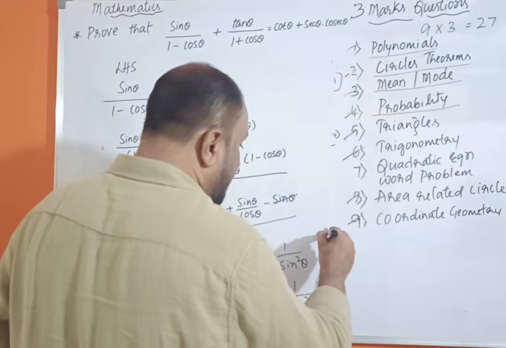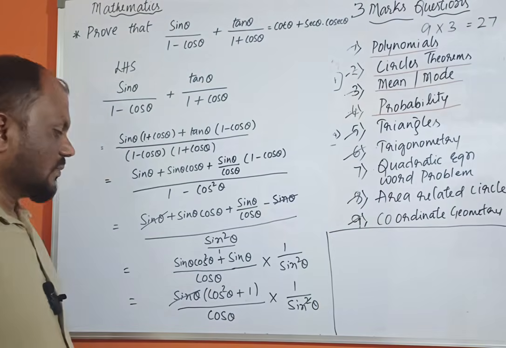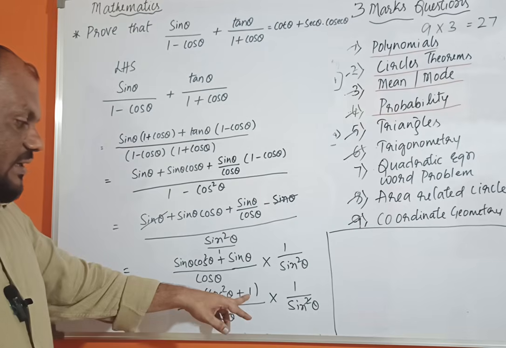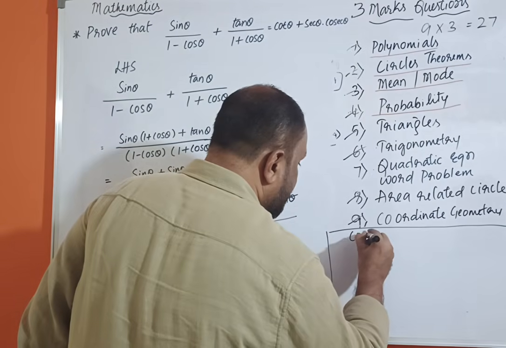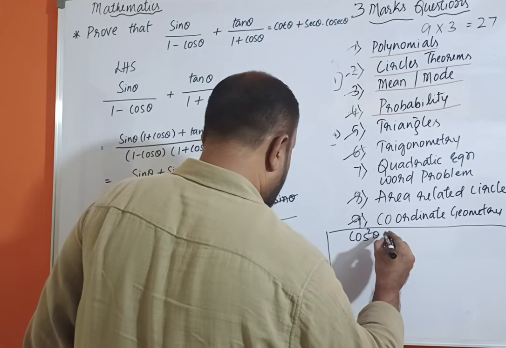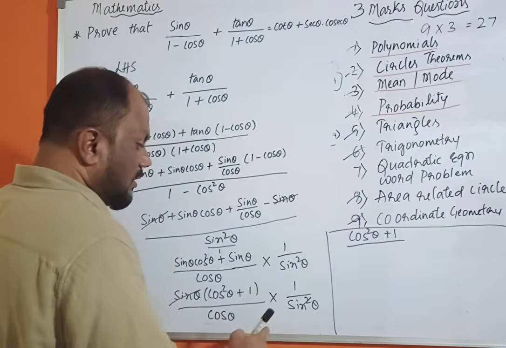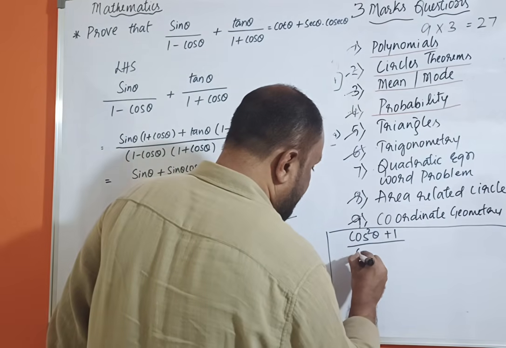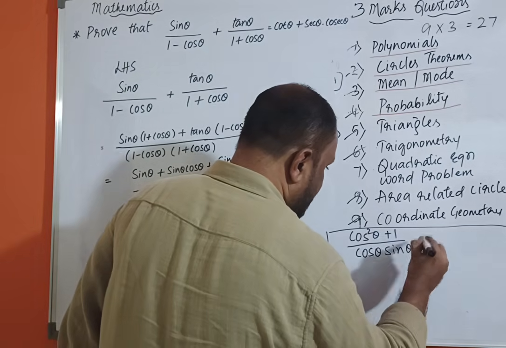Now multiply these two. Cos square theta plus 1 into 1 is cos square theta plus 1 divided by cos theta into sin theta.